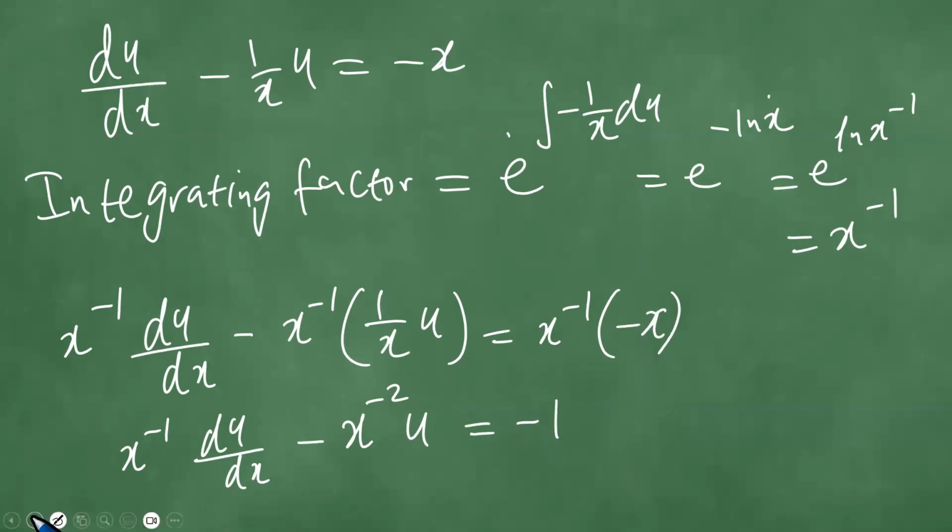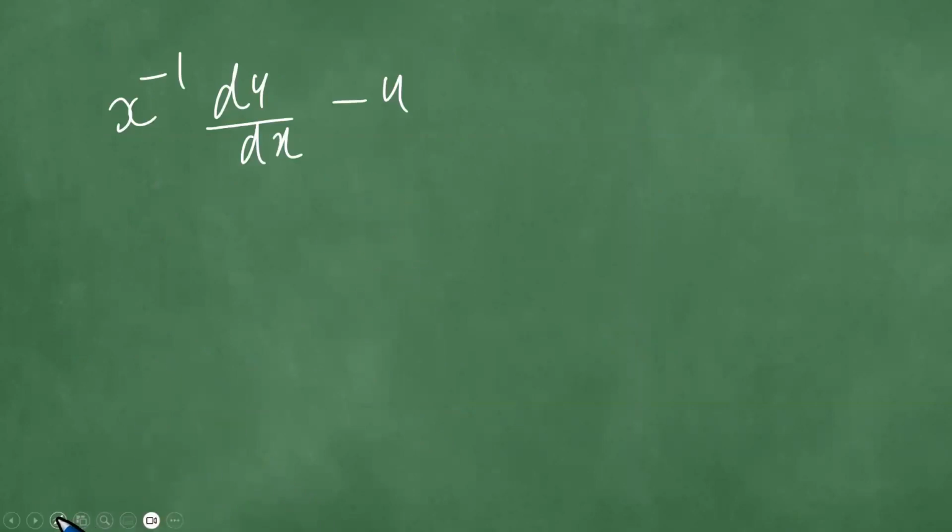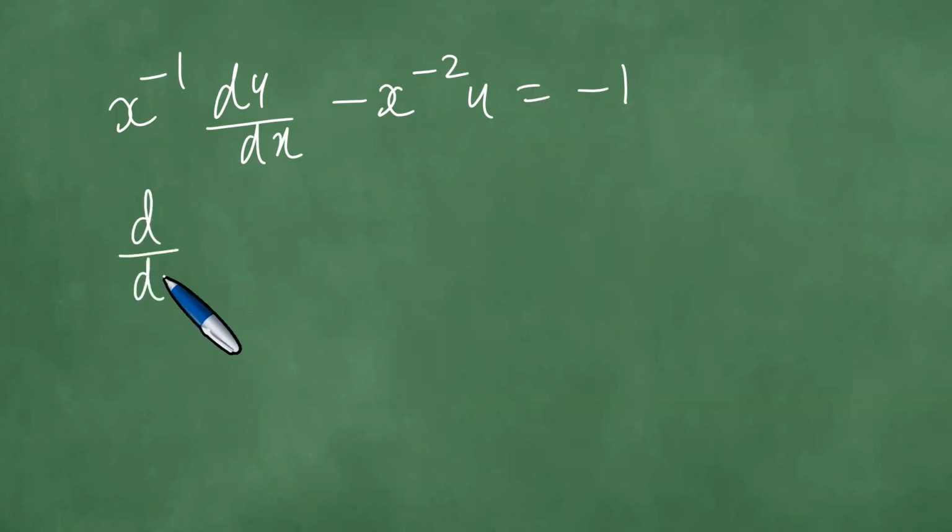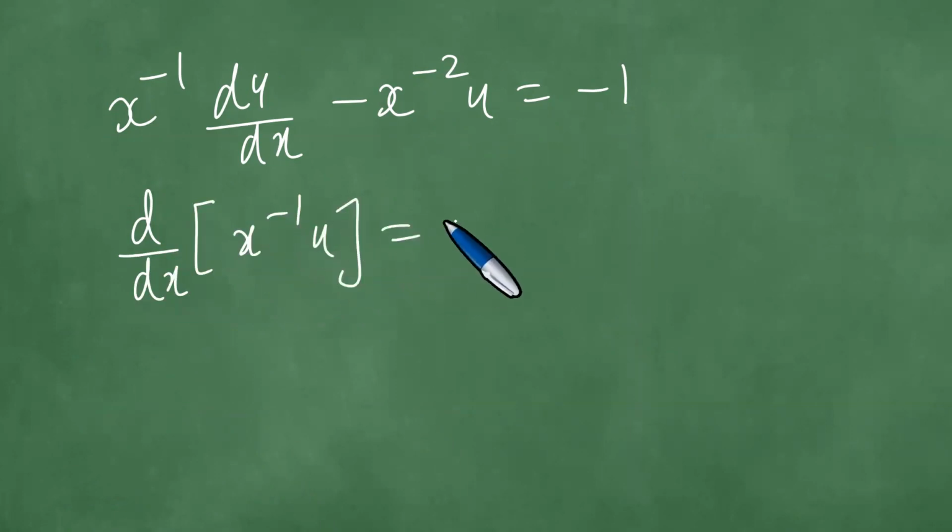So we have x to the minus 1 du/dx, and then minus x to the minus 2 u equals minus 1. At this point, we write this as d/dx of x to the power minus 1 u, which equals minus 1, like this.